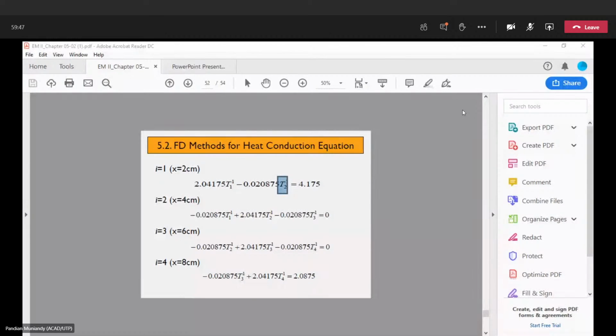You agree with that answer? So T11, yeah, we are calculating T11.